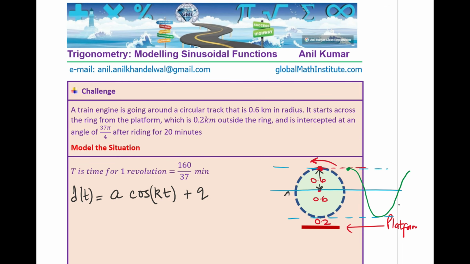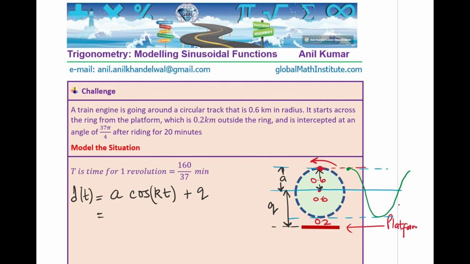So it will be from the platform. So from here, right? That is q for us. Axis. A is the amplitude, which is the same as the radius. So we know that in this case, the radius is going to be 0.6, which is in kilometers.